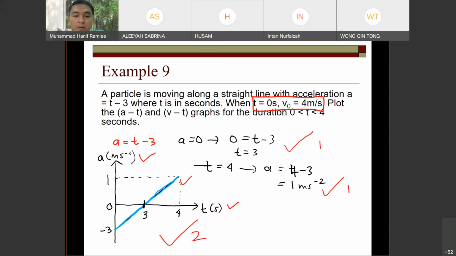Yesterday we already learned about the trend of the graph: the ST graph, VT graph, and also AT graph. About the VT graph, the changes should always be connected, as shown in the previous example.